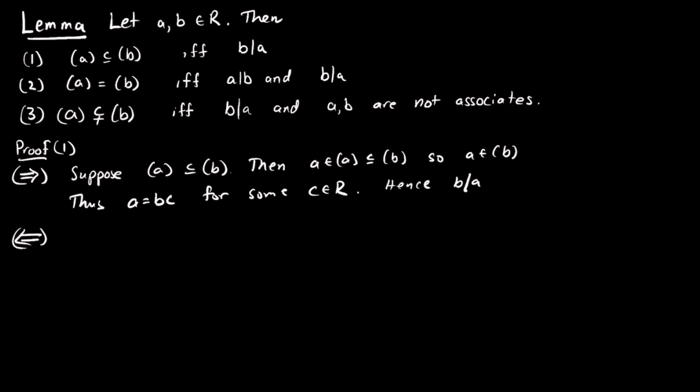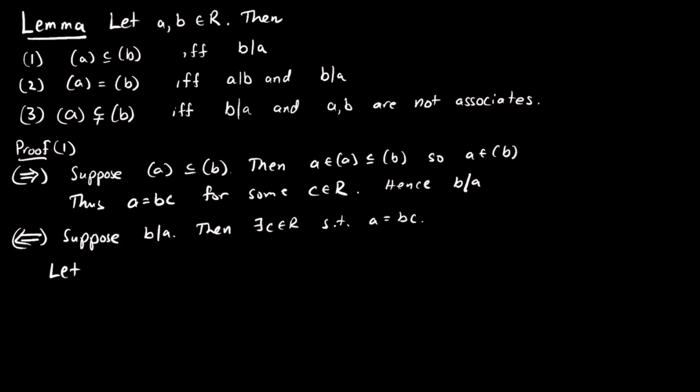So let's go backwards. Now I'll suppose that B divides A. Then I know that there exists an element C in R such that A is equal to B times C. I need to now show that the ideal generated by A is a subset of the ideal generated by B. That is, every multiple of A is a multiple of B. So let's do that.